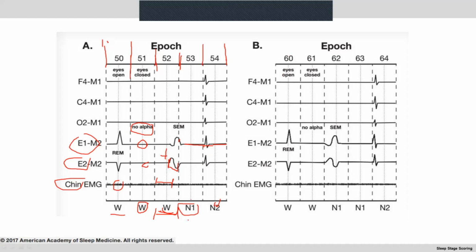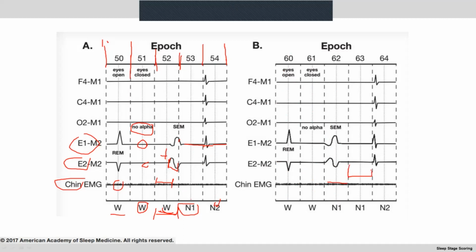I think you understood this. Again, EEG activity is a straight line. In this epoch, eyes open, eyes closed, eyes open is there, there is no alpha, and there is no other activity which distinguishes wake from other sleep stages. But in this epoch, slow eye movement is there, and this epoch has nothing.